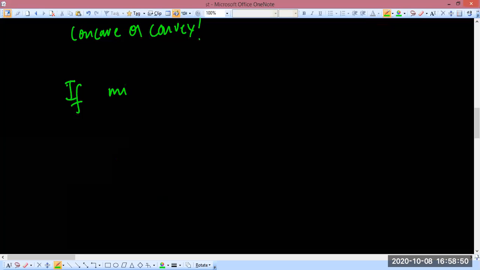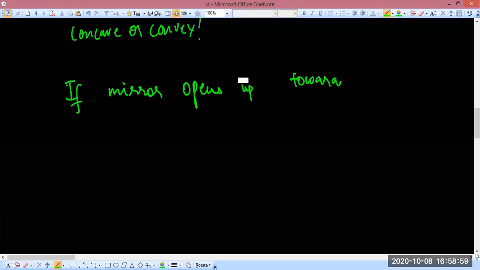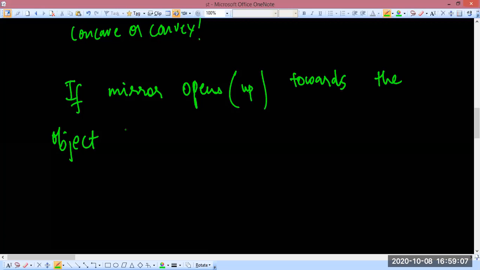If mirror opens up towards, or just opens, if the mirror opens towards the object, then it is concave mirror.